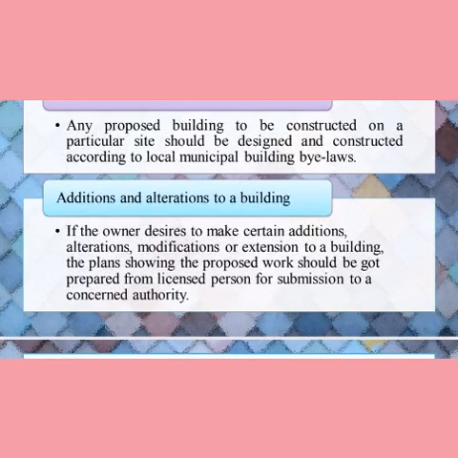A licensed person means an architect and structural engineer who have a license for this type of work. For addition and alteration work, we require a licensed person for submission to the concerned authority.